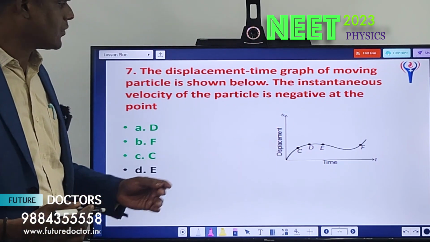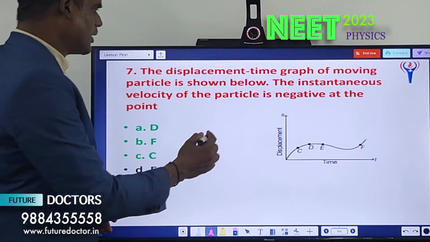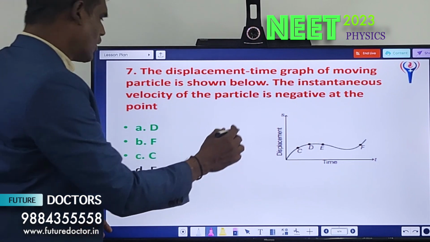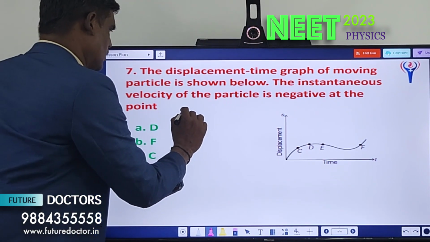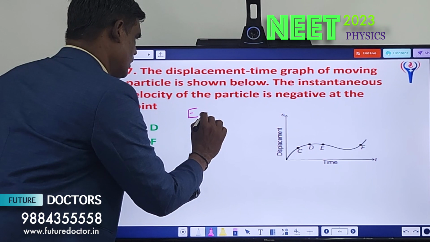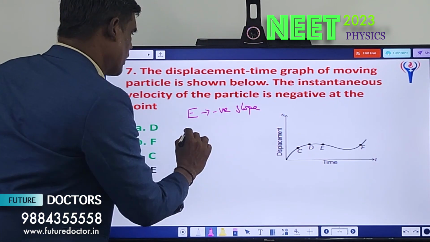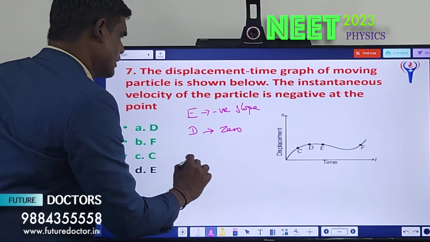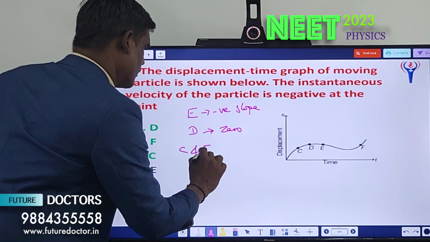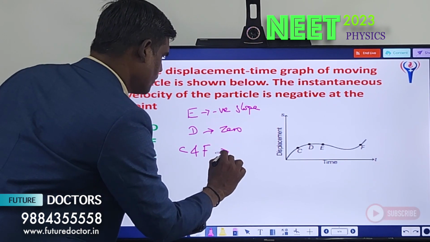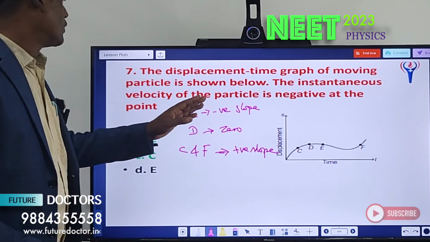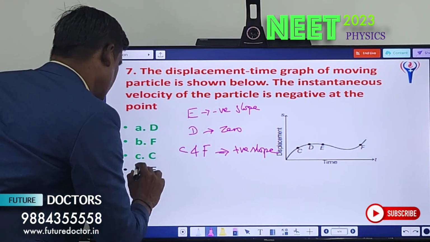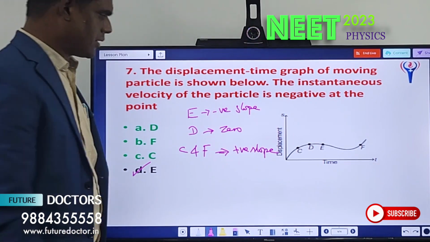Point D has zero slope, C and F have positive slope, and only E has a negative slope. So the instantaneous velocity of the particle is negative at E, that is option E. Option E is the correct answer.